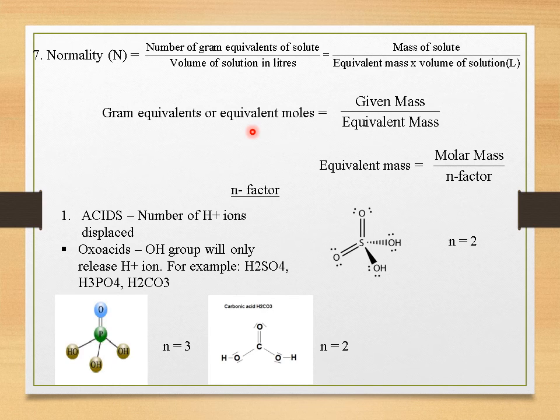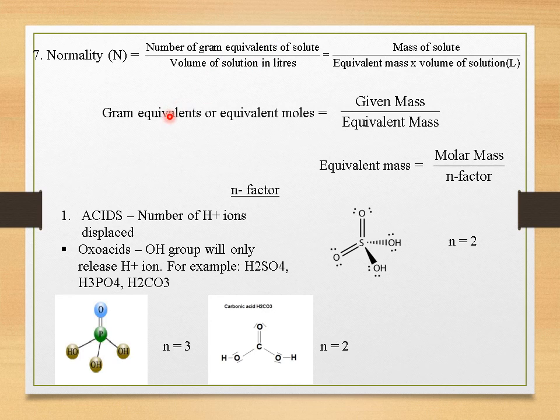Now, what are these gram equivalents? The gram equivalents are also called equivalent moles. When we were using molarity, or capital M, we were talking about only moles. But when we discuss the concentration in terms of normality, which is capital N, we take gram equivalents in the numerator.